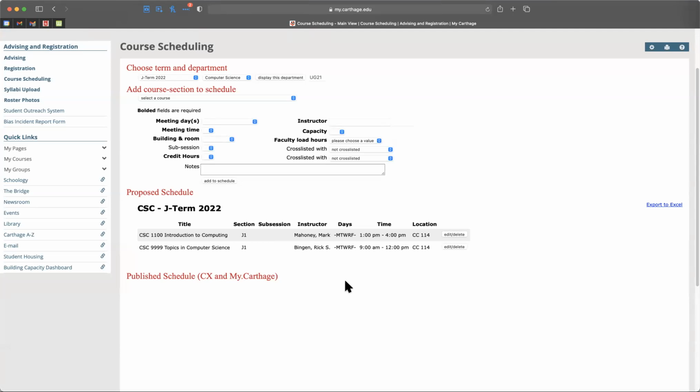Because if it's in January, then 1 is in the fall, 3 is in January, and 2 is the rest of the semester? Correct. I think Bingen did tell us it's going to be more of a topics course in game development. I forget exactly what he has planned for that.